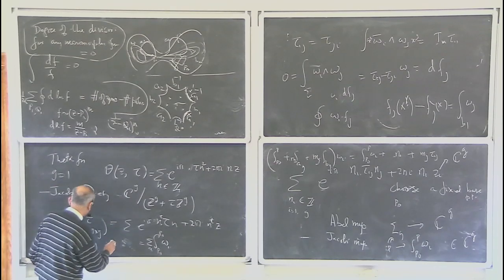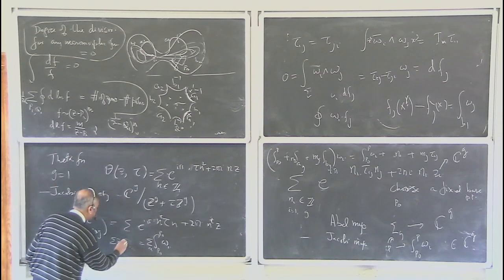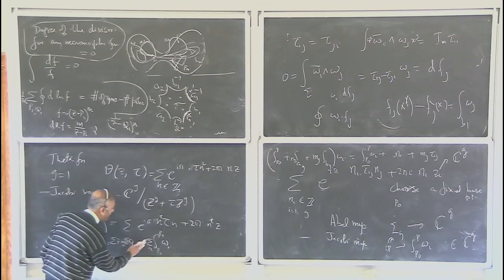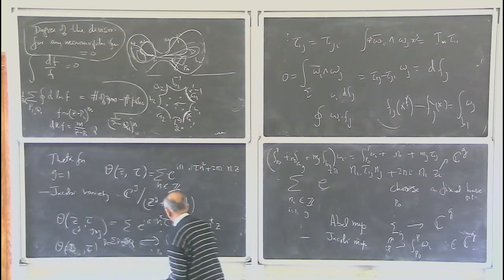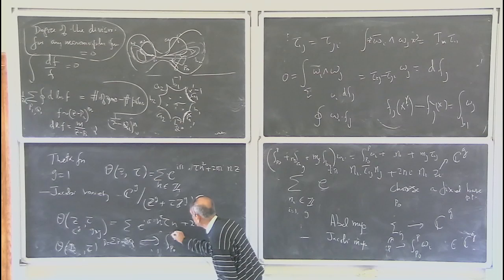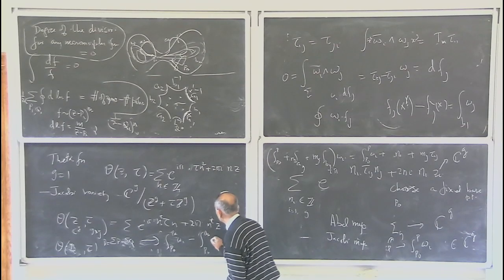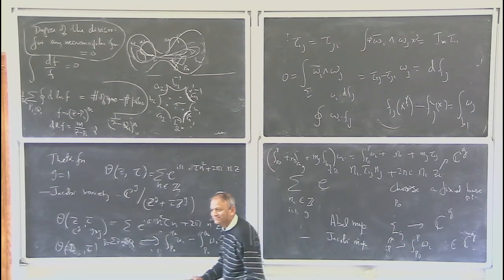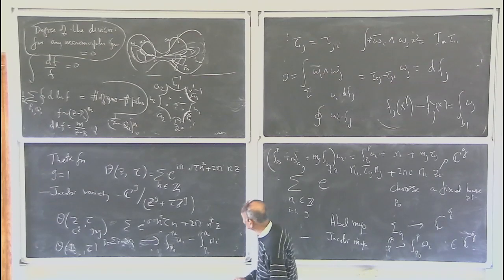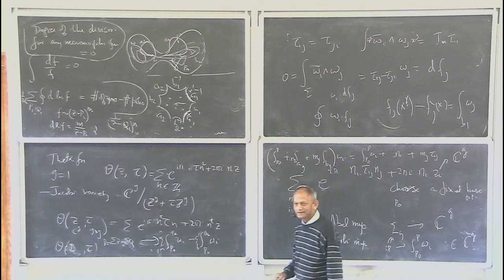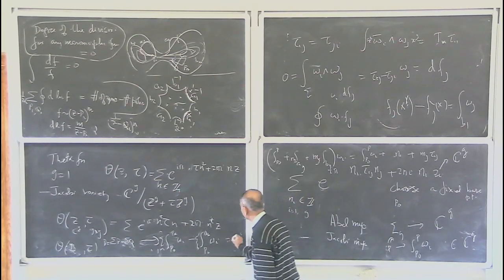If I have a divisor which is a sum over p's minus a sum over q's, that's a divisor, let's say, then this is mapped to the integral from p naught to p of omega I minus the integral from p naught to q of omega I, summed over a and summed over b. This is what we'll call z_i.